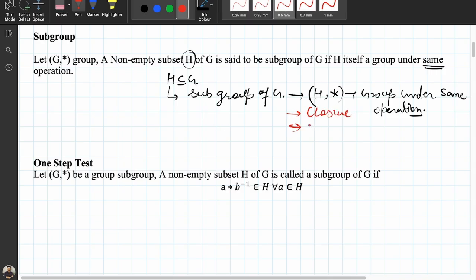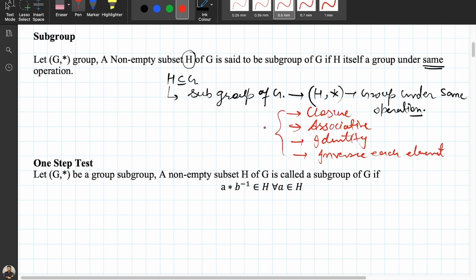Second property is associative, third property is existence of identity, and fourth property is inverse for each element. If all four properties hold for this set and it is again a group, then we will simply say this is a subgroup of G.